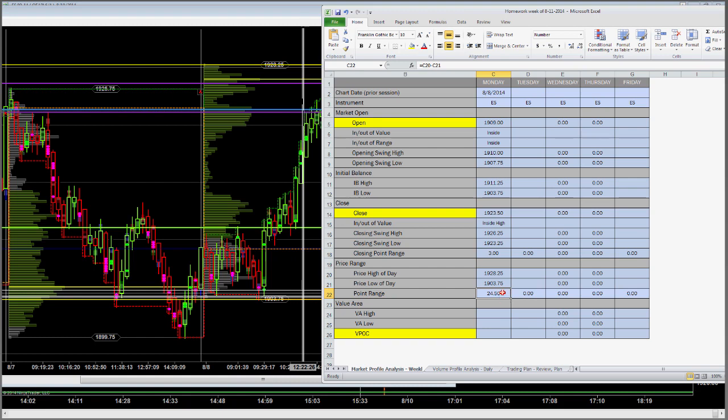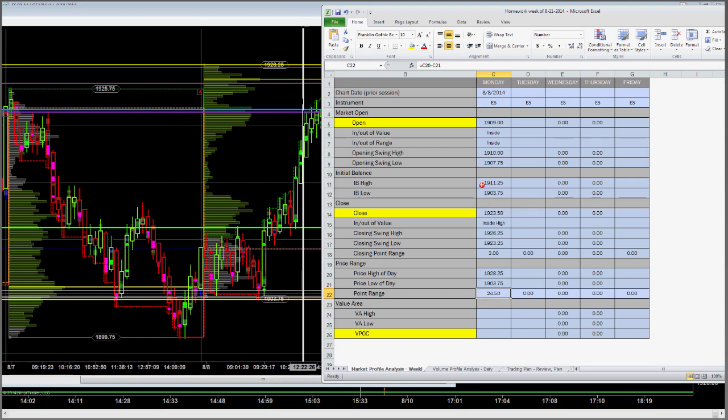It's a big range for the ES. And I can also see that my open and my opening swing gave me about, what, 2.25 points. So at the open, there wasn't a lot of activity. There wasn't a lot of movement up and down. And from my IB, I can see about 8 points, so a little above average.